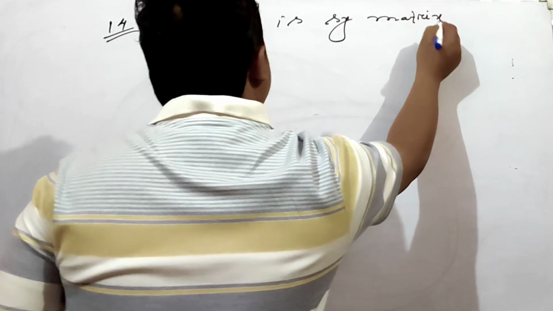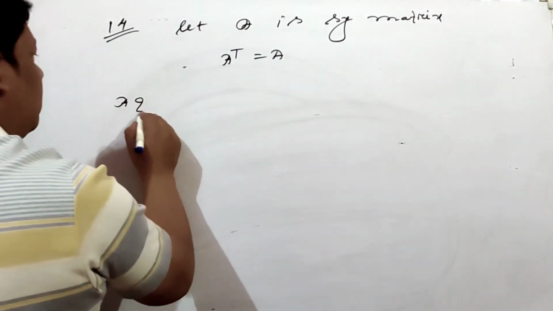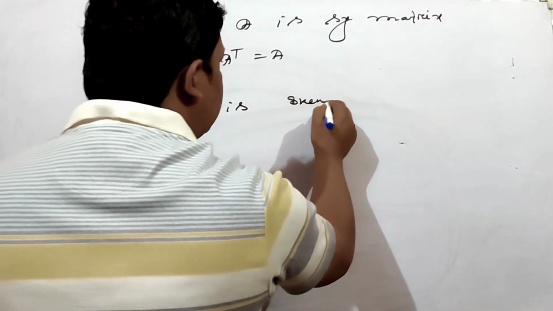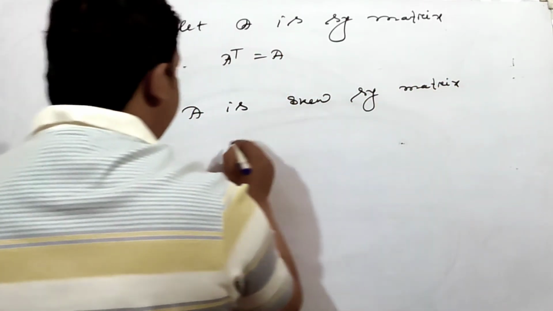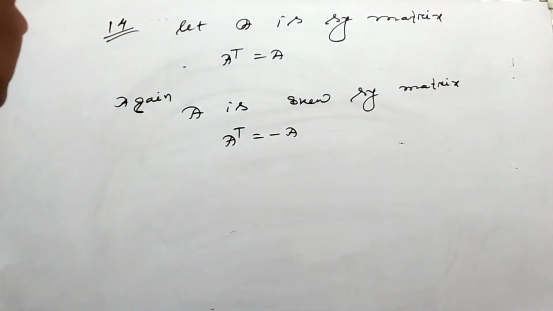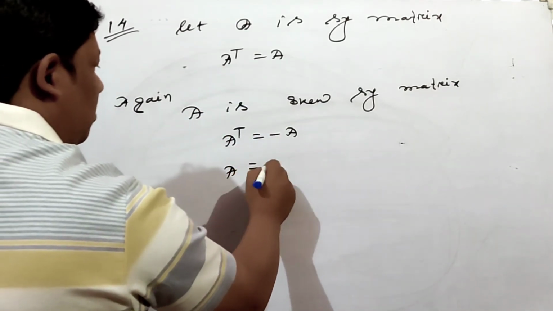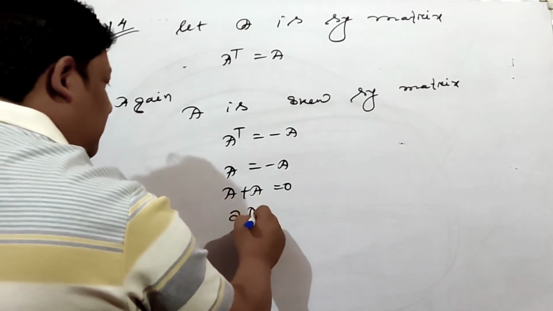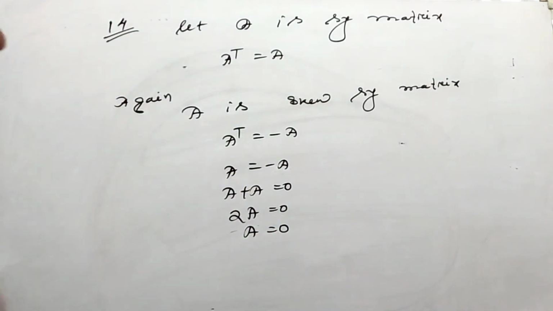If the matrix is symmetric, then A transpose equals A. Again, A is a skew-symmetric matrix, therefore A transpose equals minus A. So A equals minus A. Then A plus A equals 0, then 2A equals 0. Therefore A equals the 0 matrix. So the answer is that A will be the 0 matrix.